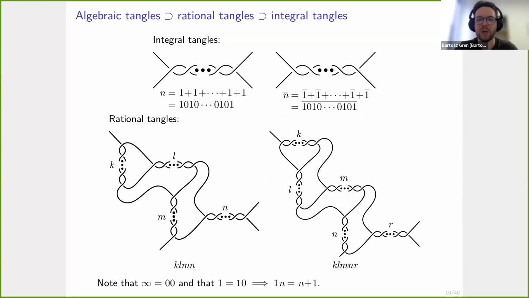And from basic tangles, we can create more complicated tangles, starting from integral tangles, which are just the sum of 1 and -1 tangles. Intuitively, we can assign an integer number to each integral tangle.